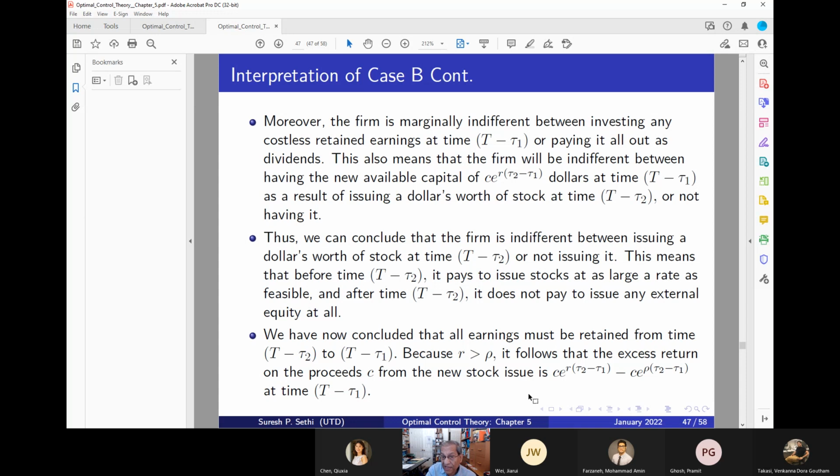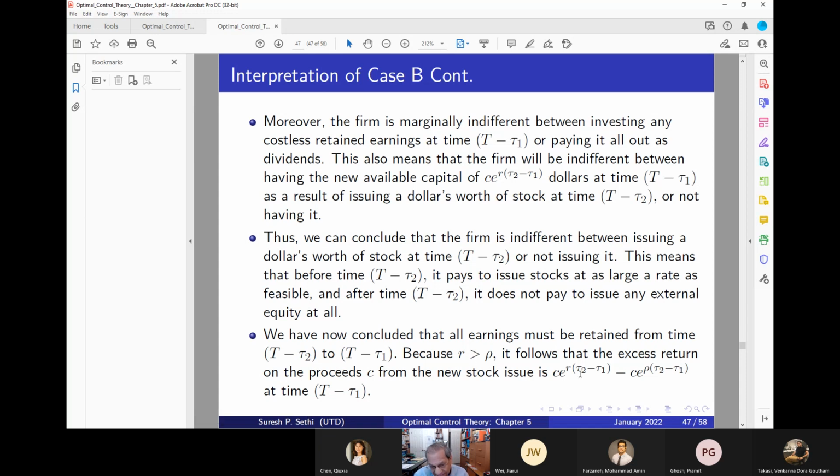And so while it lost the 1 minus C to the broker, the C that it gets can earn more than rho because it's earning at rate R. So it has to compensate for the cost that is gone. It's gone from the company's hand and from the stockholder's hand.